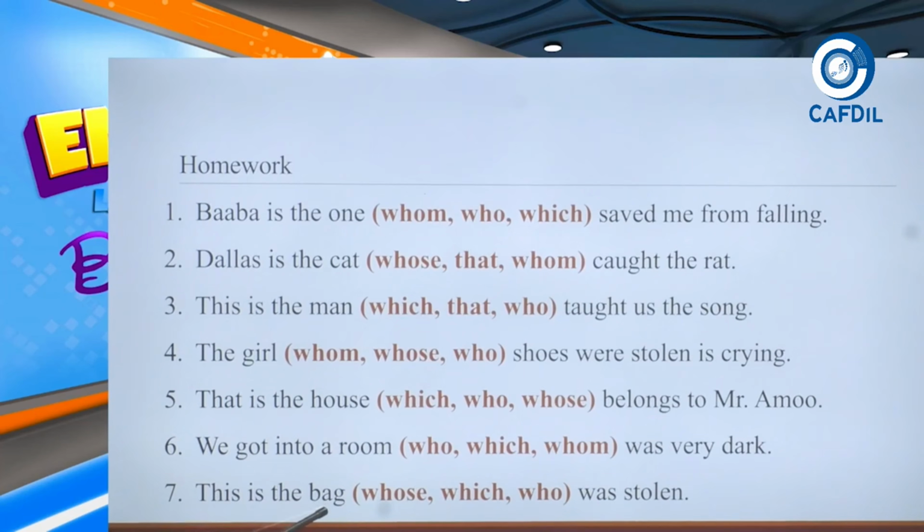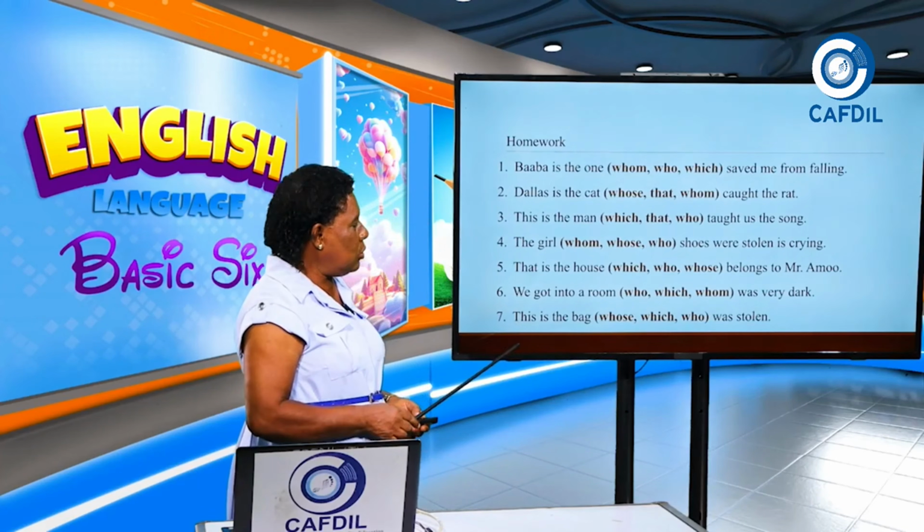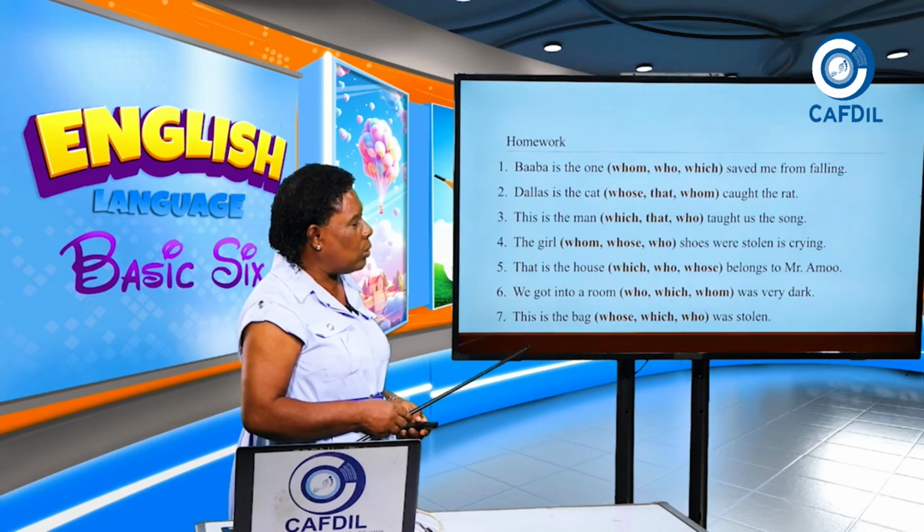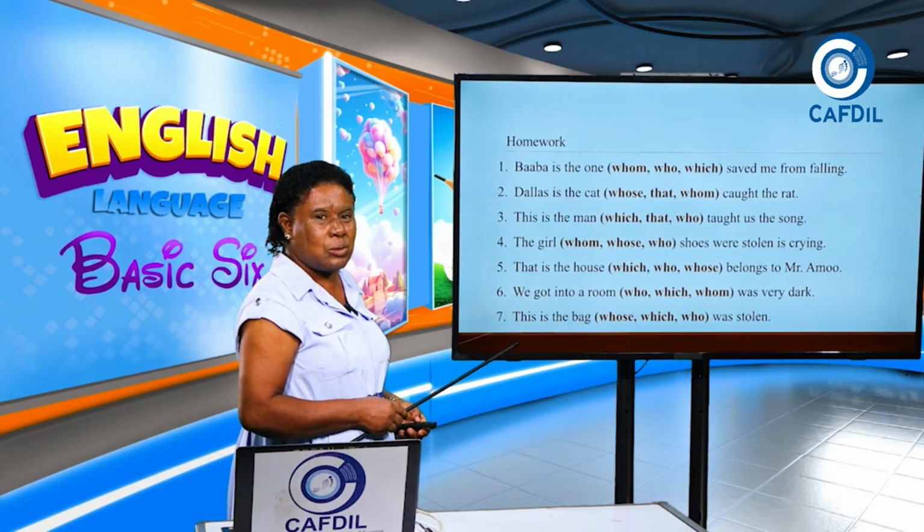This is the bag. In the bracket, we have whose, which, that, was stolen. Here again, you have to read it carefully and select the correct relative pronoun to complete the sentence.